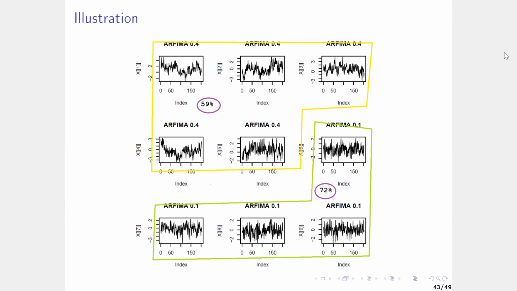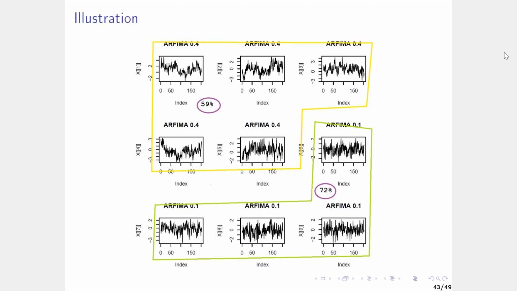You have 9 processes. First, the algorithm calculates all the 2 by 2 statistics, so you have 2 among 9. He starts with the first 2 classes. He says, okay, they are equal. This is the first group, but he doesn't know if they are again 1 group or 2 or 3. He continues.